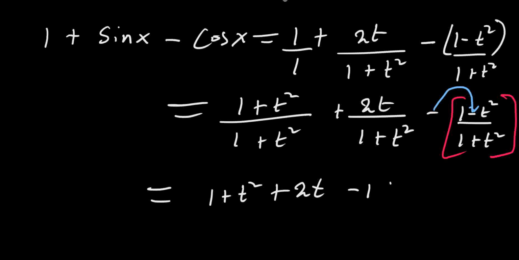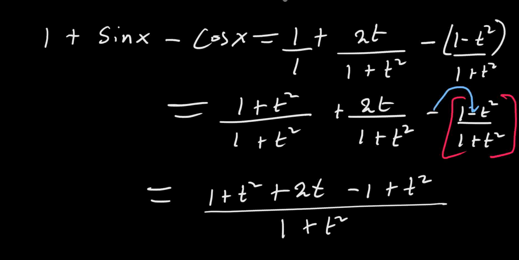So this will become plus t squared over 1 plus t squared, which is a common denominator.